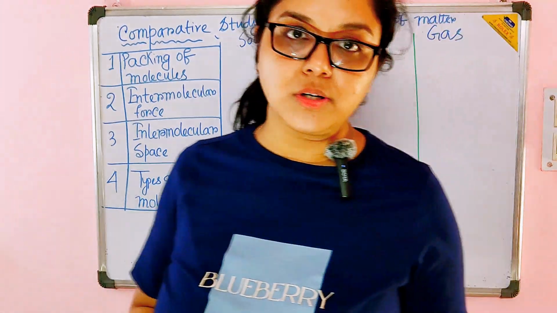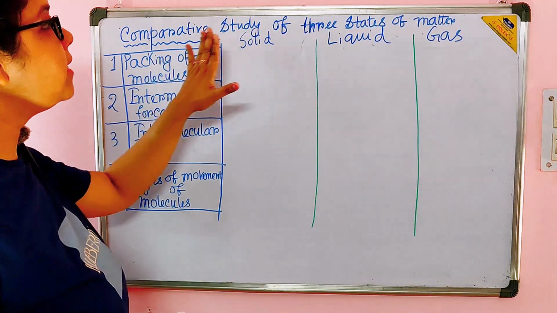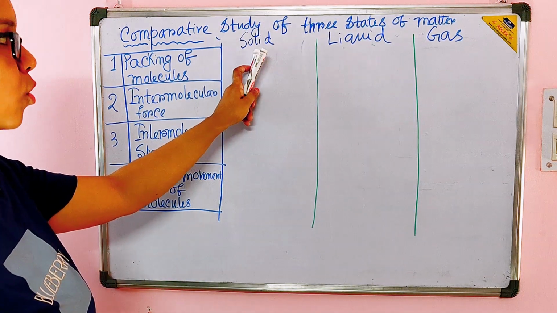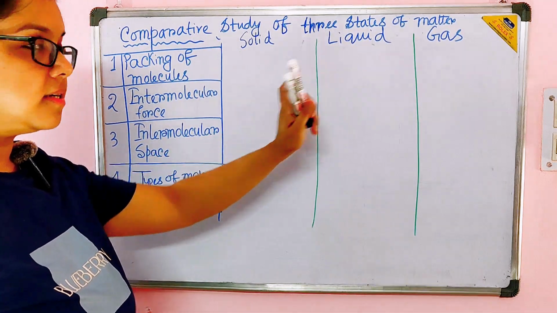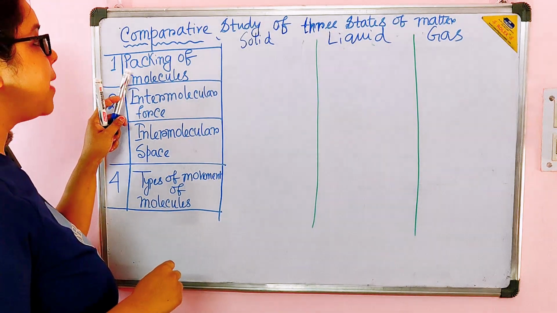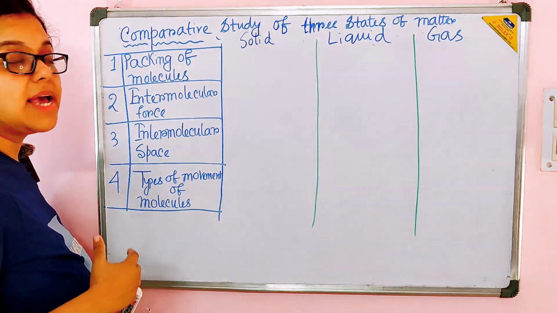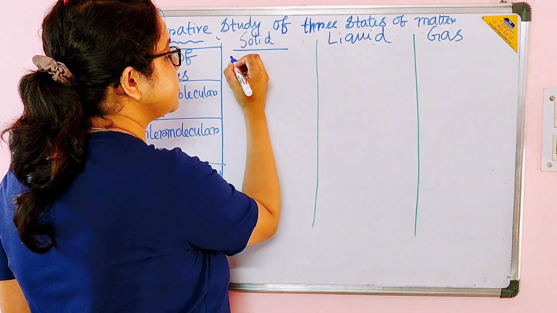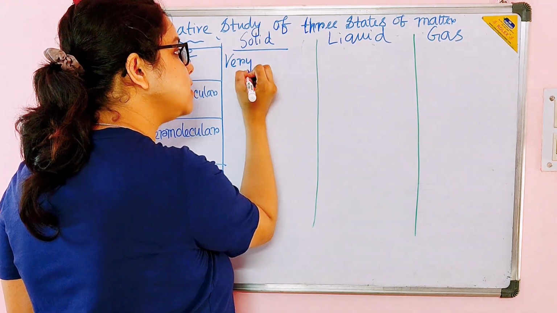Now I am going to discuss the comparative study of three states of matter. The three states of matter are solid, liquid and gaseous. This is clear to you. So the first point is packing of molecules. As you know, solid substances are very closely packed.